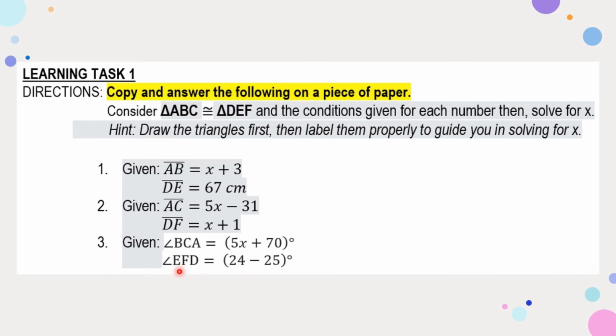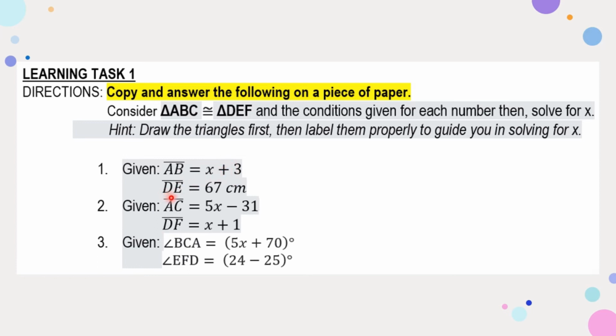Okay, so ang hint, mag-drawing ka daw muna ng dalawang triangle na mayroong, okay, nakasulat na label na A, B, C or A, B, C, D, E, F. Okay, bahala ka kung paano itsura ng triangles mo. Then, label them correctly. Then, look at the given conditions. We have segment AB is equal to X plus 3.